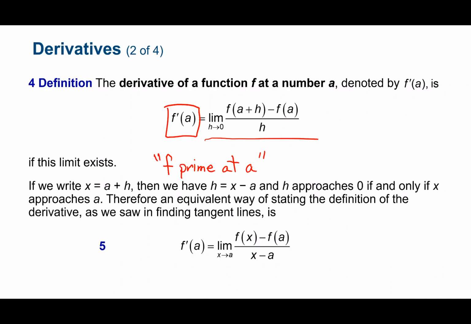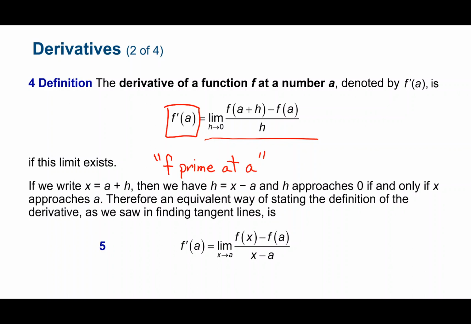But in another sense, the h version is nice because we can just think about the denominator going to 0 instead of two numbers getting close to each other. So they both have their advantages. So that's the derivative.